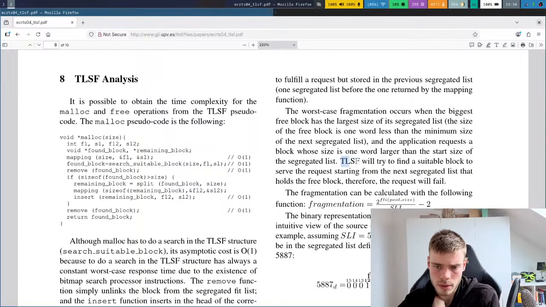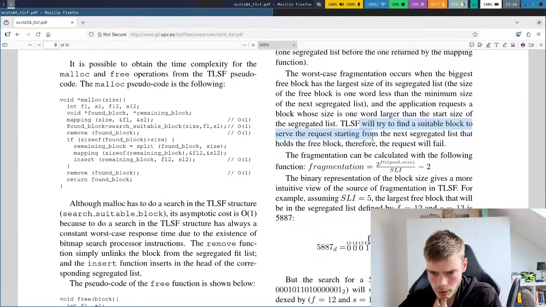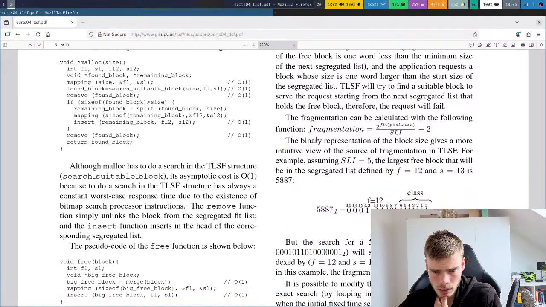I have no idea. TLSF will try to find a suitable block for the request starting from the next list. I don't fully understand that. Okay. Fragmentation can be calculated. Okay.